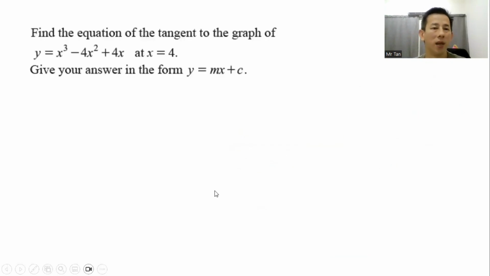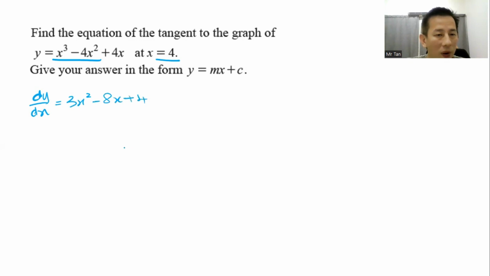Next question. Find equation of the tangent to the graph. Now they didn't give you the graph, they only give you the equation. And x equal to 4, not even a coordinate, they just give you the x value. So how to do this? Same, first step we find the dy dx. So dy dx is equal to 3x squared minus 8x plus 4.